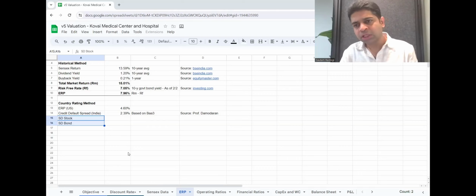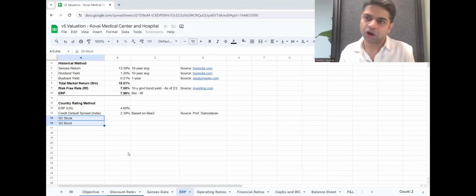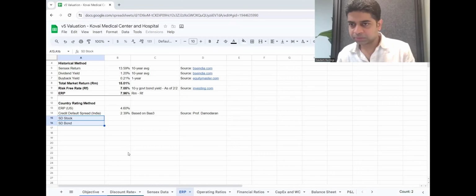So if you want, you can just pull that information. I'll show you where he houses that information. The only problem with pulling those data points is that it's for the entire emerging market universe and not for India alone. But here we are doing all these estimates for India, and India operates differently from other emerging markets.